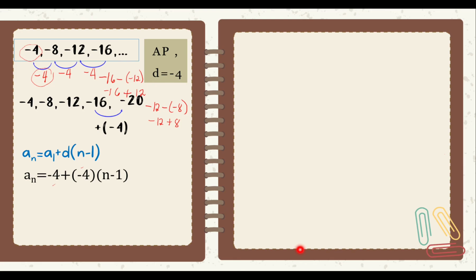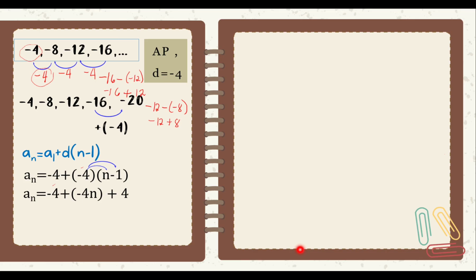We have to follow the GEMDAS rule. For the set of grouping, of course, we cannot simplify n and 1. So we proceed to multiplication, multiplying our negative 4 with n. That will give us a negative 4n. And multiplying also a negative 4 times a negative 1, resulting to a sub n is equal to negative 4 plus negative 4 times n is a negative 4n.